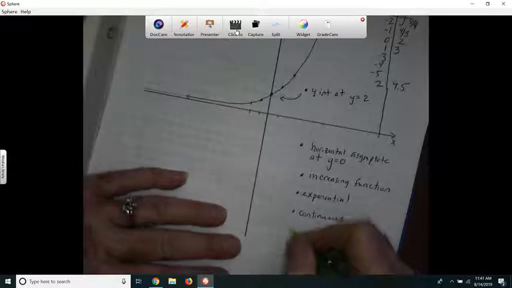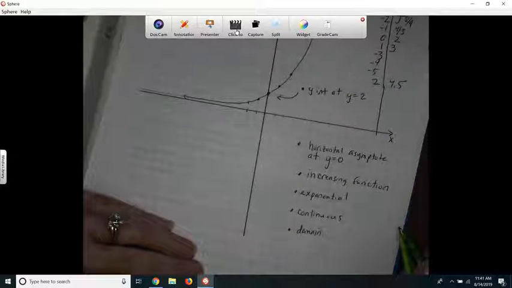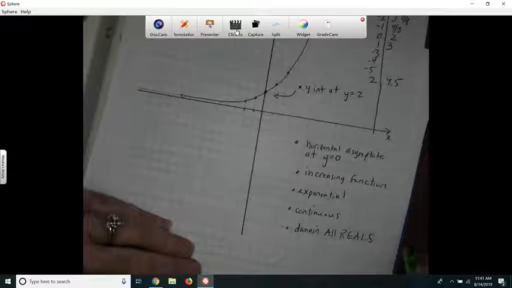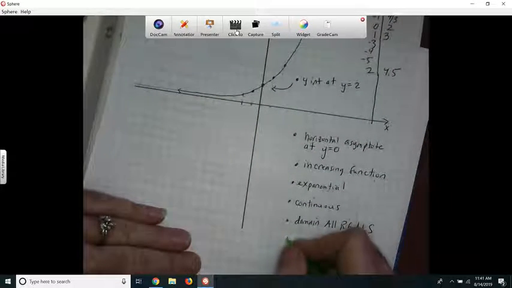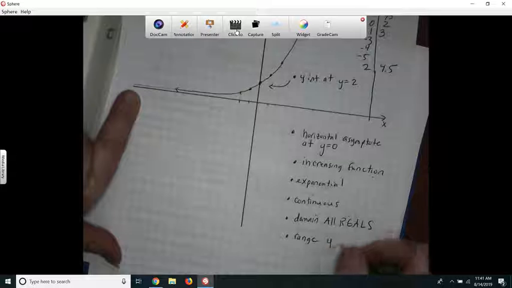Let's do the domain and range. So domain is all real numbers. Any number, because that's the x values. But the range is y is greater than 0.